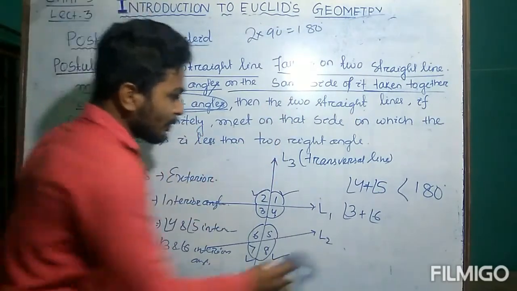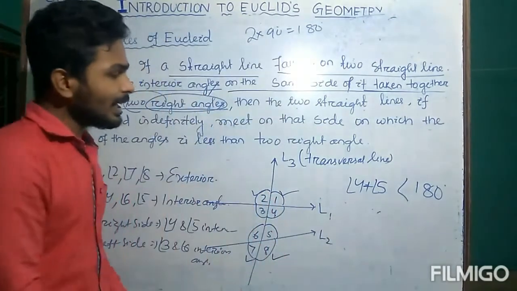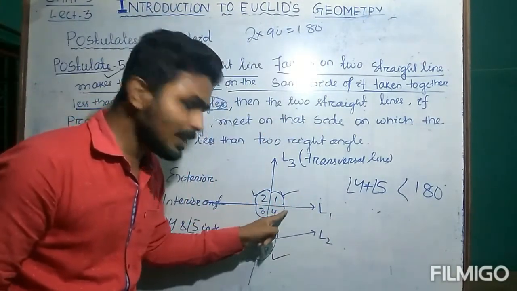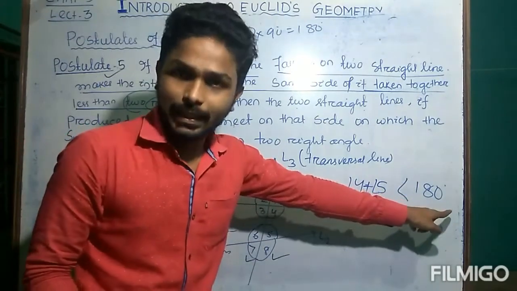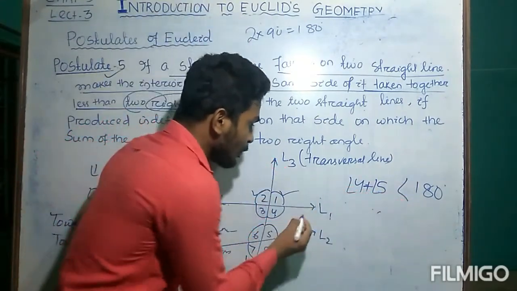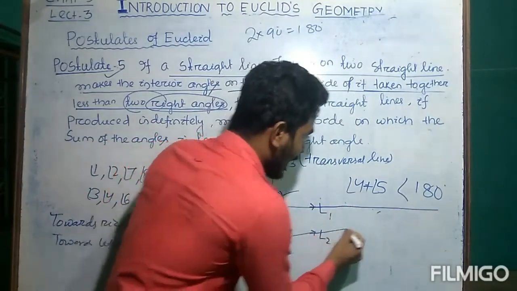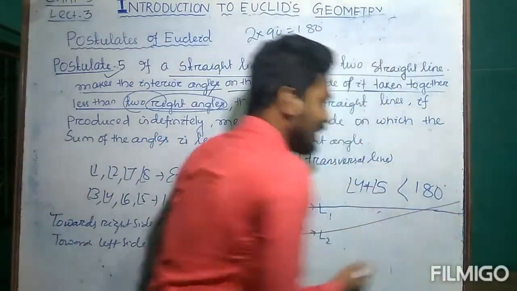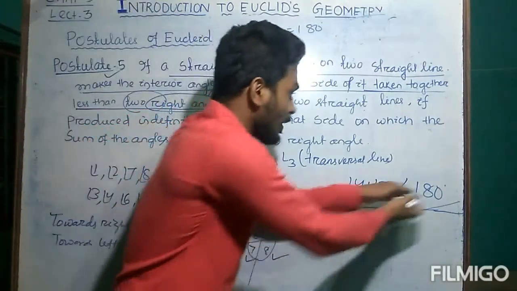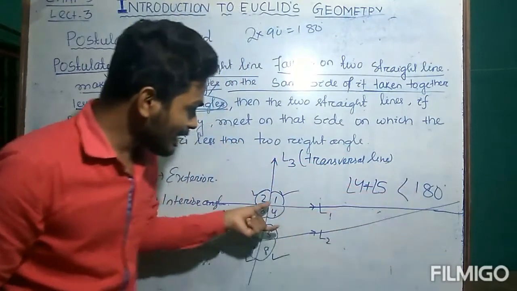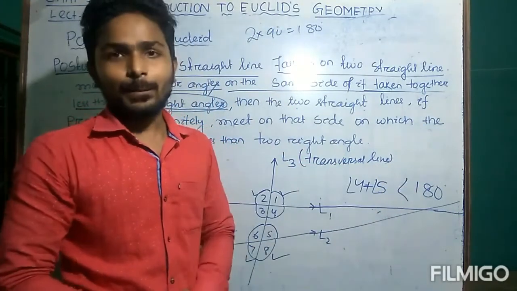If it is given that on one side the sum of these two interior angles is less than 180 degrees, then if you produce these two lines L1 and L2 indefinitely, at some point these two lines will meet each other.